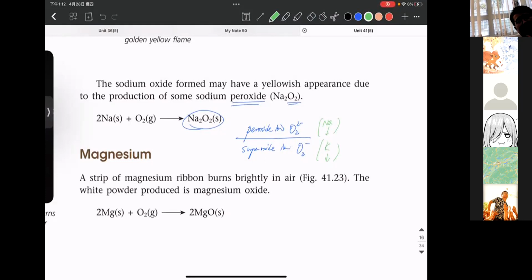Now, why is it like that? Because how about group 2? Group 2, it will be quite rare to find peroxide. Why? It's because of the stability of these peroxide and superoxide when you compare with normal oxide.